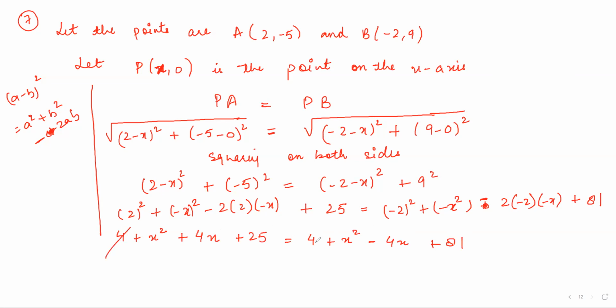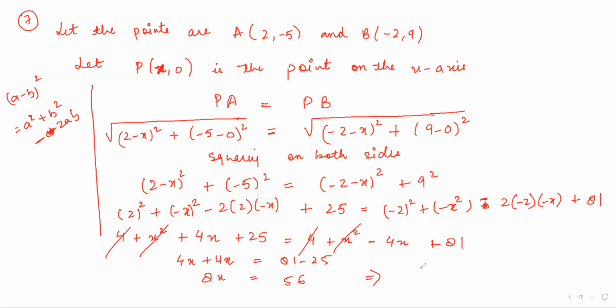So 4 and 4 on both sides cancel out, x square on both sides cancel out. So this will be 4x and plus 4x. I'm bringing this 4x here and then 81 minus 25, right? So 8x will be equal to 56.